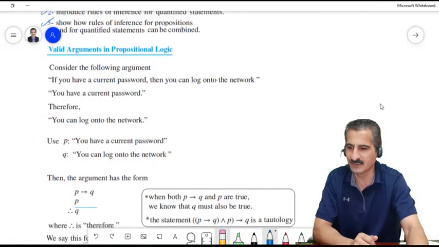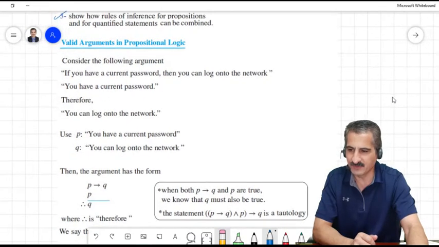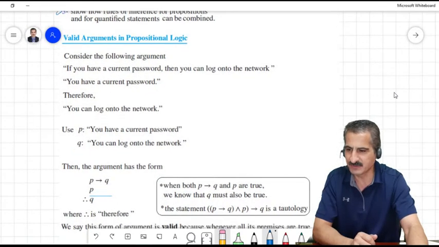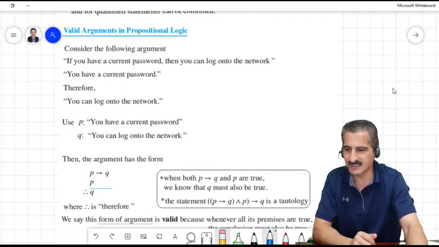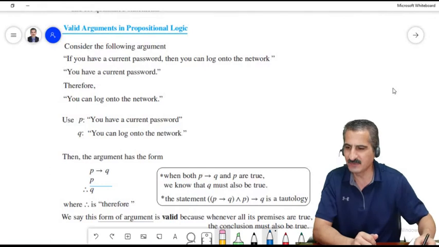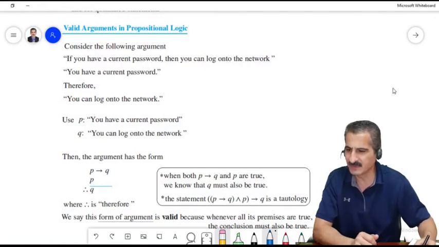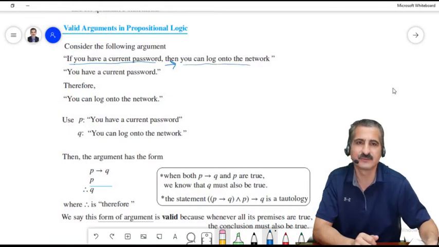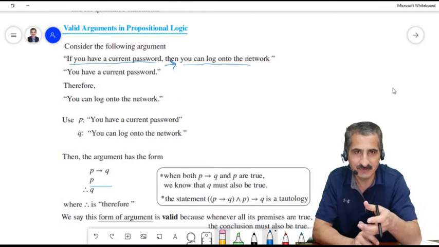Okay, so a valid argument in propositional logic. Let's see a very simple example. Consider the following argument. We have a statement that says, if you have a current password, then you can log into the network.